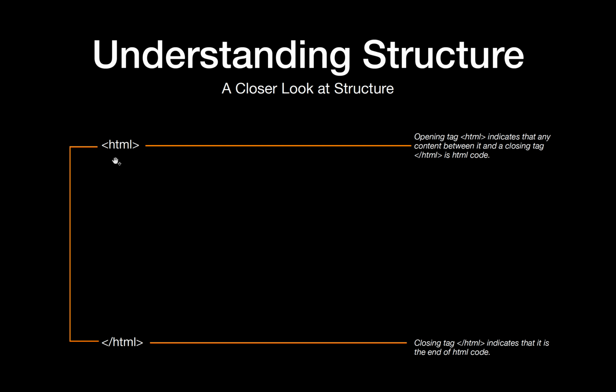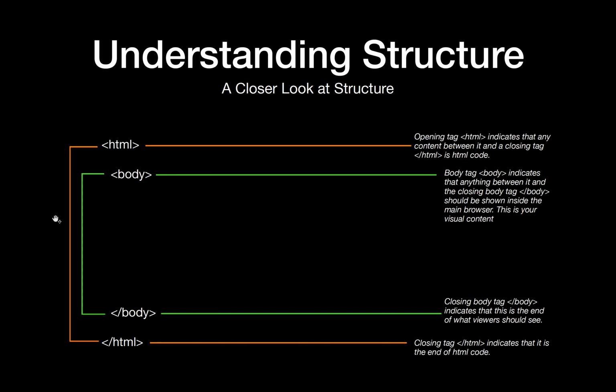Anything that is in the HTML area will be visual and help you create the structure in your site. And then you will have the closing tag, which indicates that it is the end of the code. So essentially your opening and closing tags are your stop and your go. It's the easiest way to think about it.